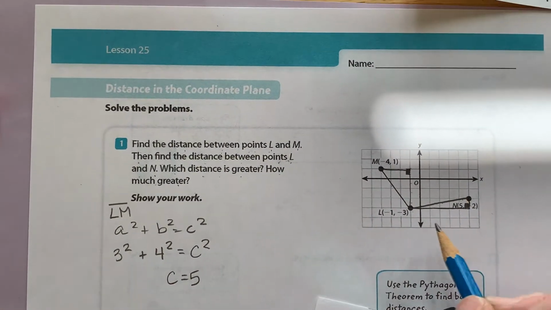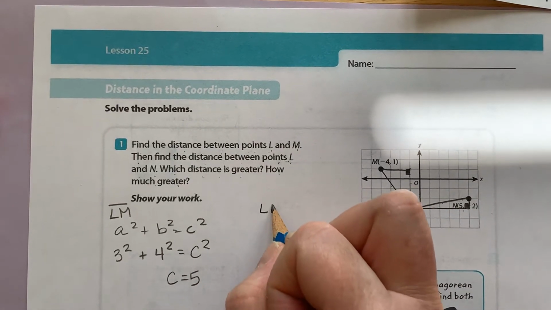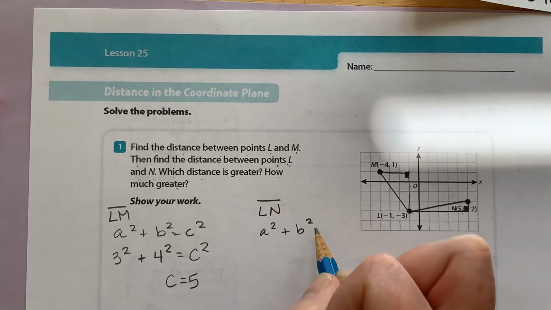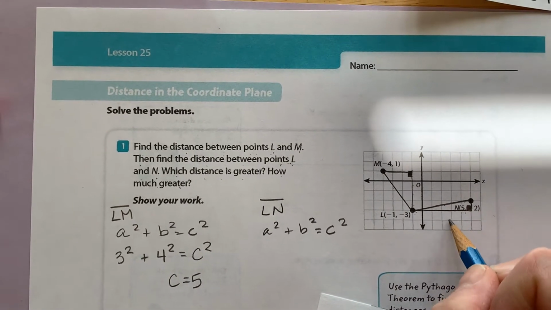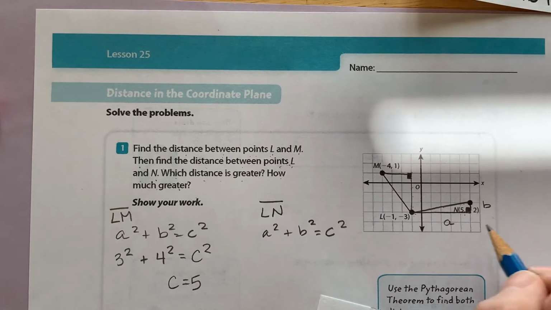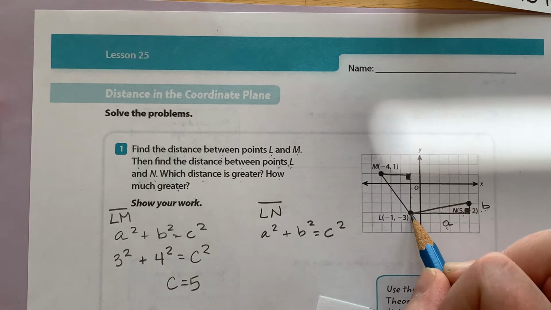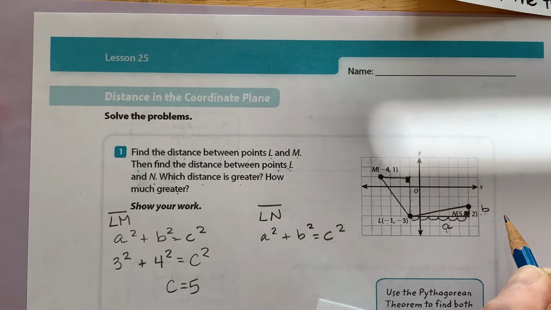Now what about our LN? Again, a squared plus b squared equals c squared. It's always good to write it just so we remember it. Here's leg a, b. Remember, you can use those interchangeably. A is going to be 1, 2, 3, 4, 5, 6.